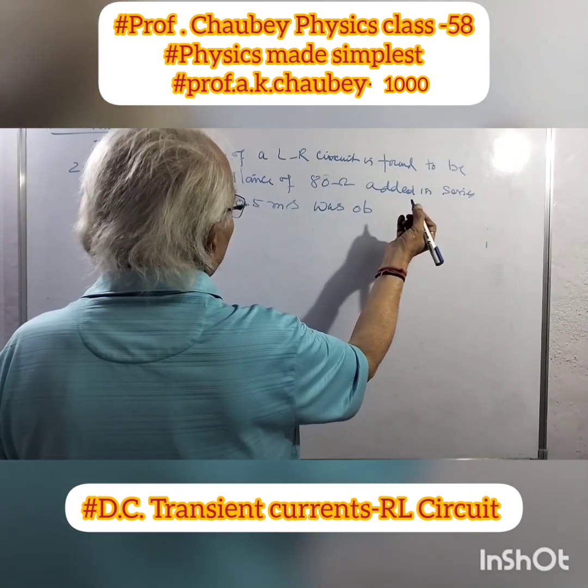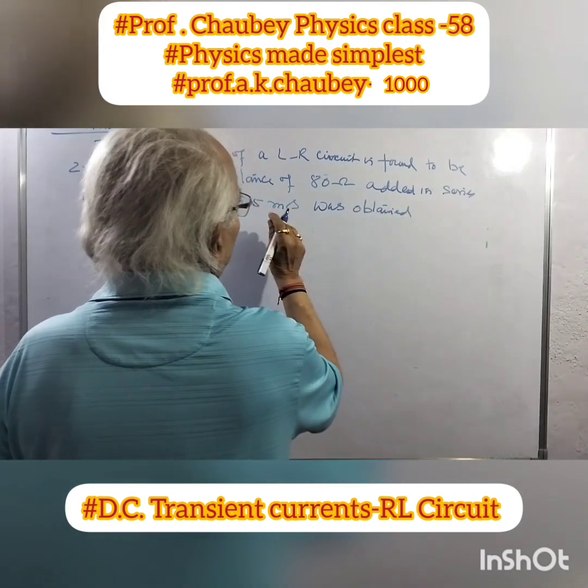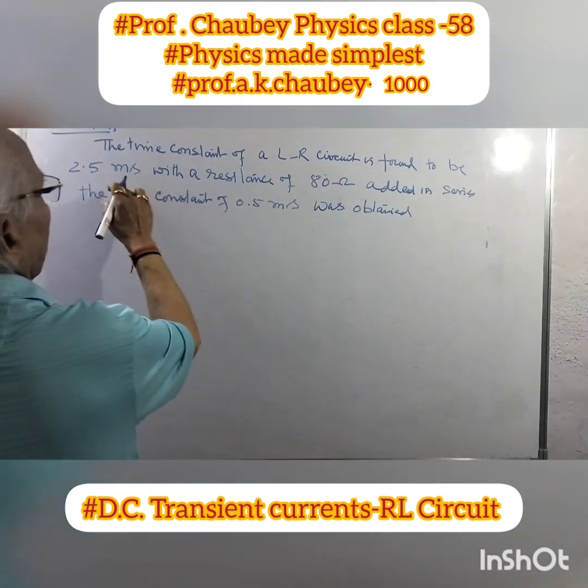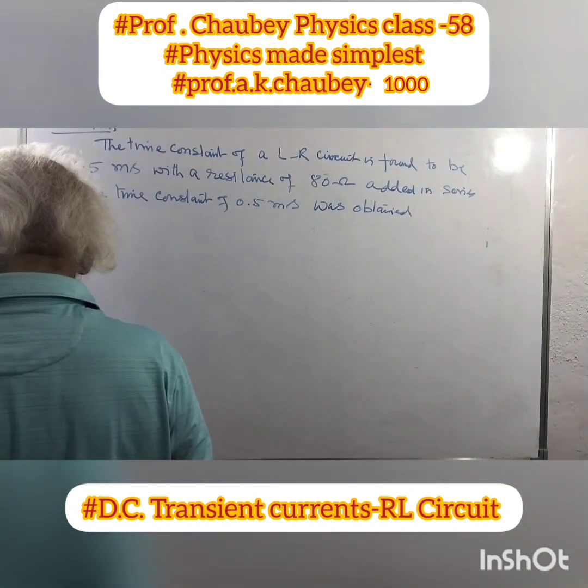Because R increases, it decreases. So they have added resistance, the time constant from 2.5 becomes 0.5. So that means find the inductance and resistance of the coil.